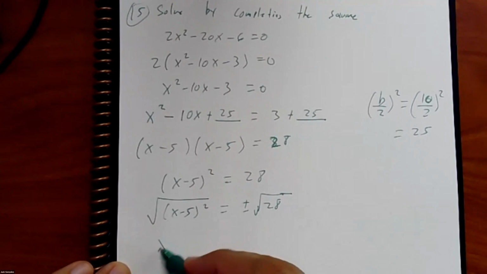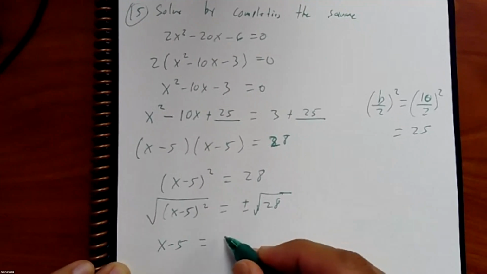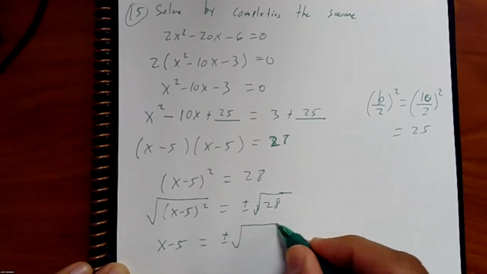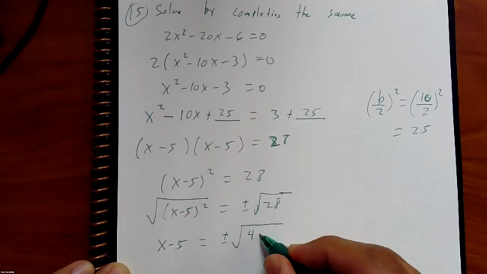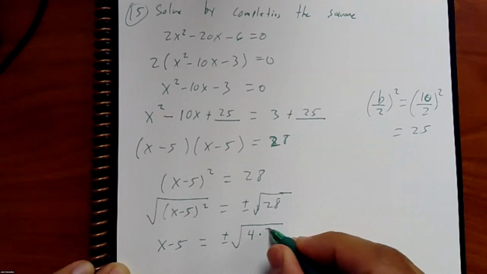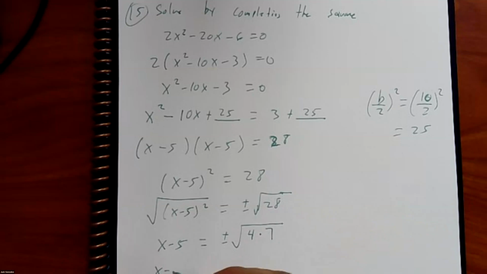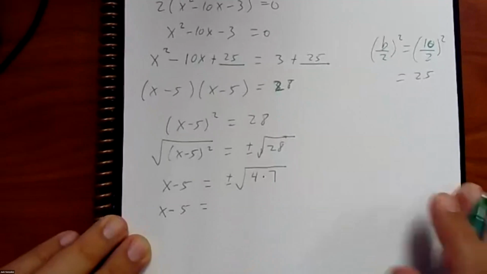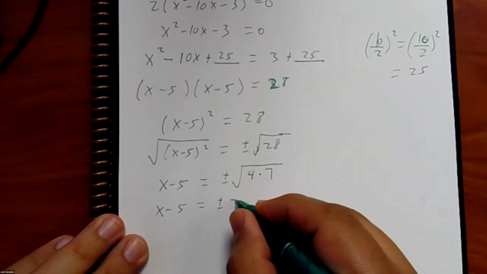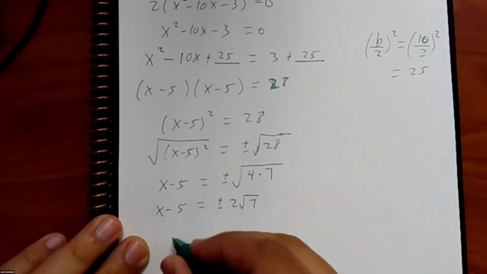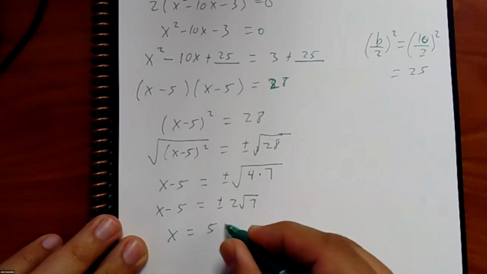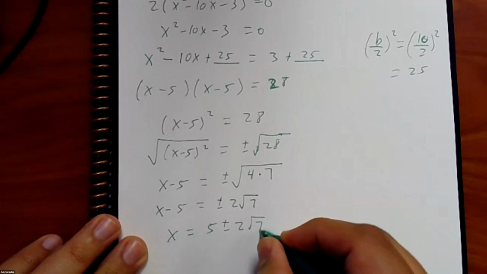So this becomes x minus 5 equal to plus or minus 4 times 7, which will become plus or minus 2 root 7. So x is equal to 5 plus or minus 2 root 7.